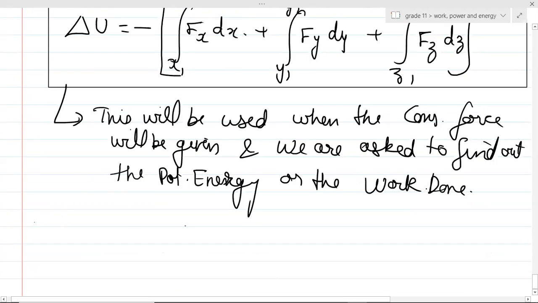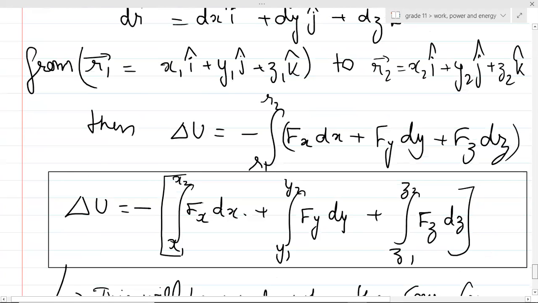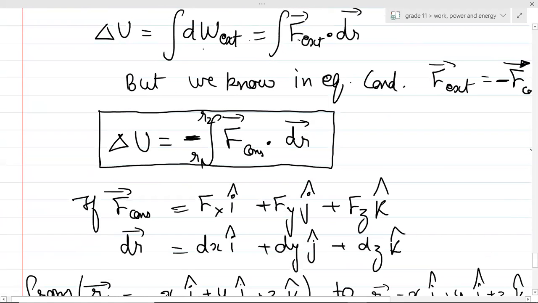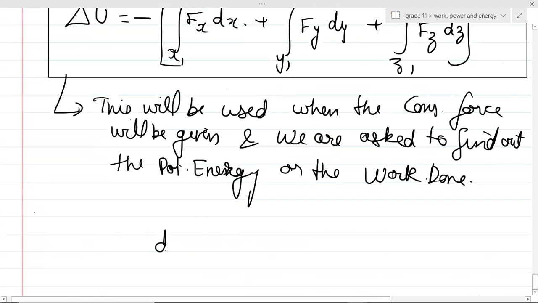Similarly, I can do this as well. You remember this delta U is basically dW external. So can I write dU is equal to dW external? If I integrate it, this dU will become U and dW external will become whatever it is.